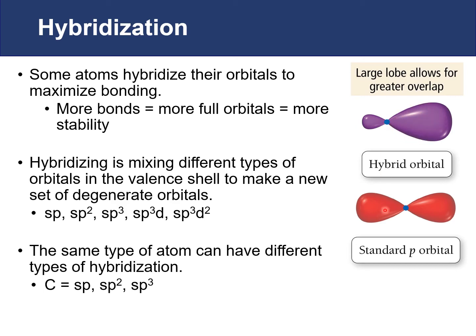On the other side, where the orbital of the p would be negative and the s would be positive, when you add the two together, they subtract, or they undergo destructive interference, becoming smaller. So you get something that ends up looking somewhat like a p orbital, but it has one lobe that is very large, where you have the constructive interference, and one lobe that is very small, where you have the destructive interference. The same type of atom can have different types of hybridization. Carbon, for example, is very common to see sp, sp2, and sp3 hybridized orbitals.